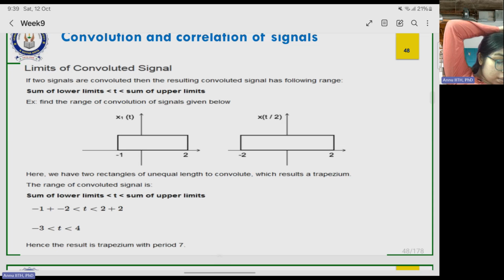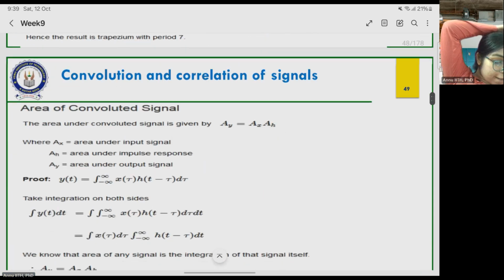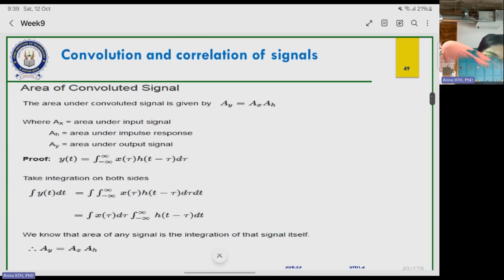Sum of lower limits, area of convolution.